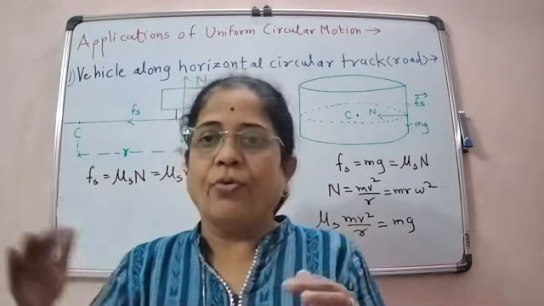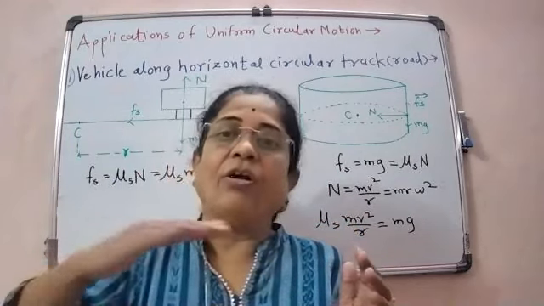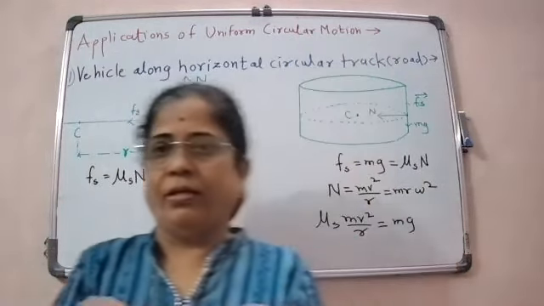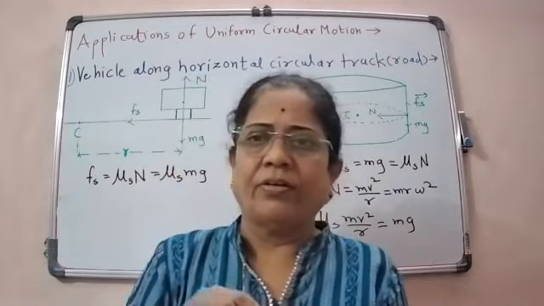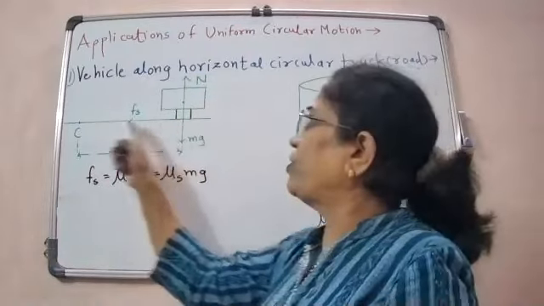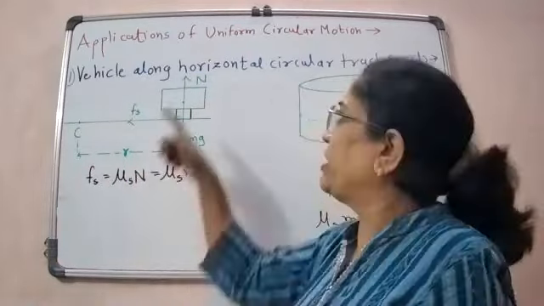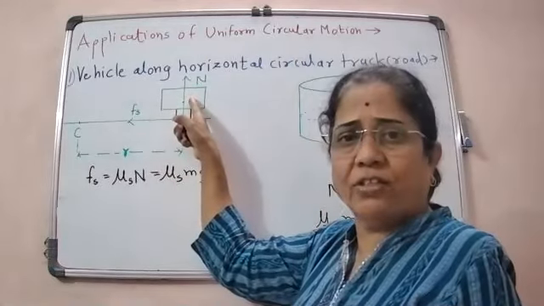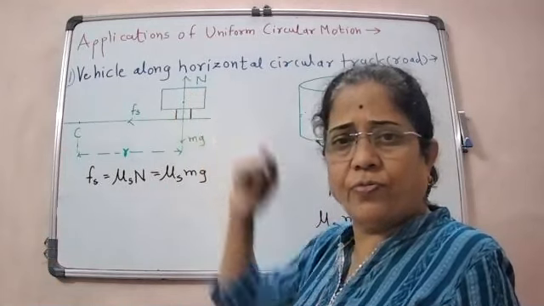So now the vehicle is moving along a horizontal circular road, and while turning, this is a horizontal circular road and this is a vehicle. What are the forces acting on this vehicle?